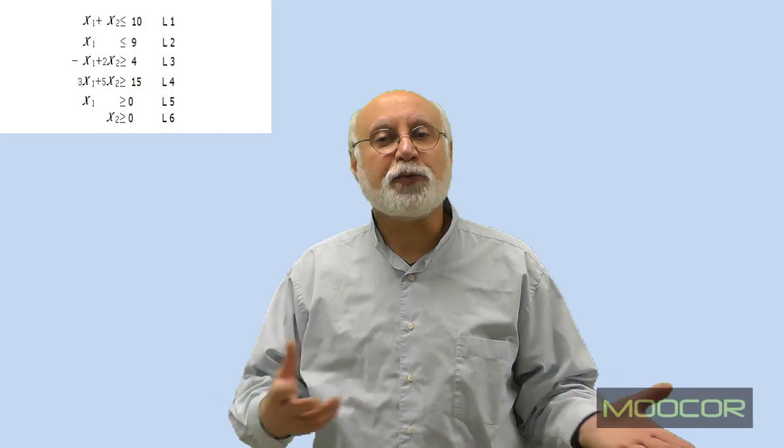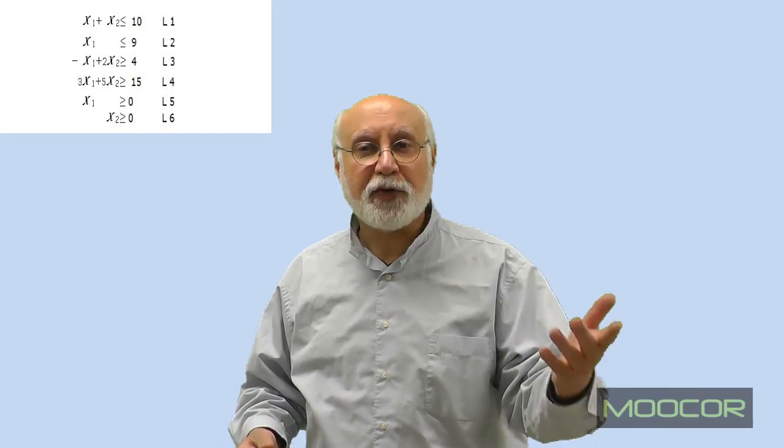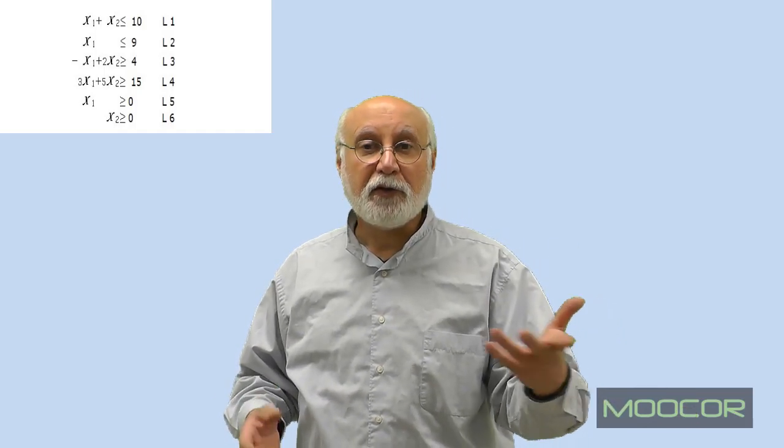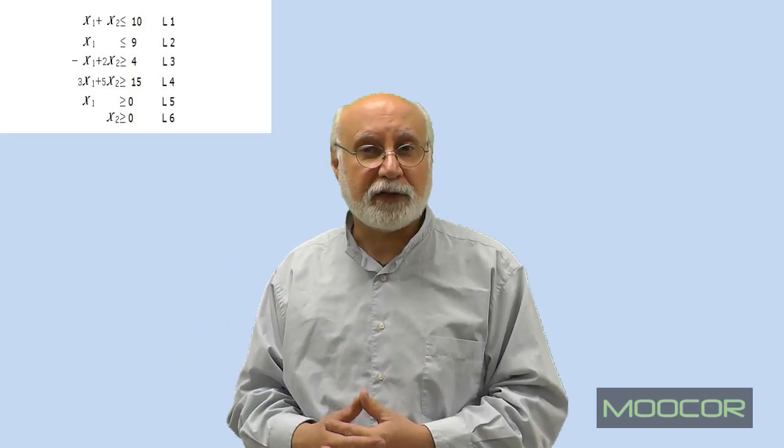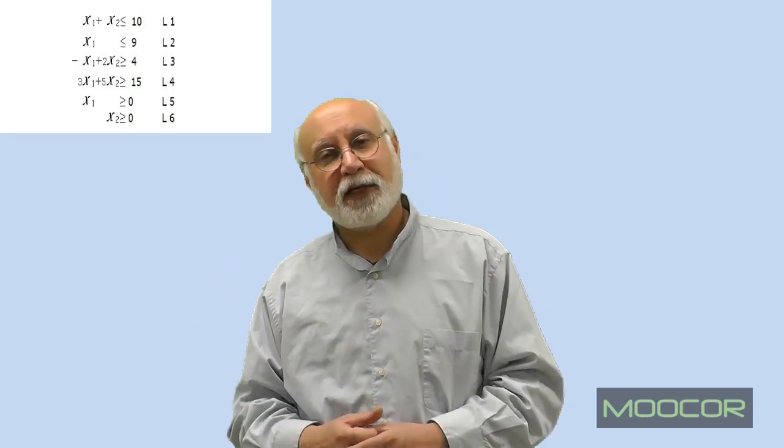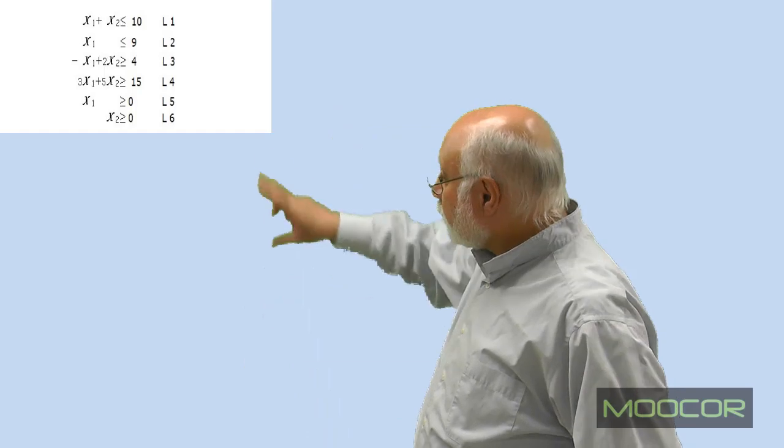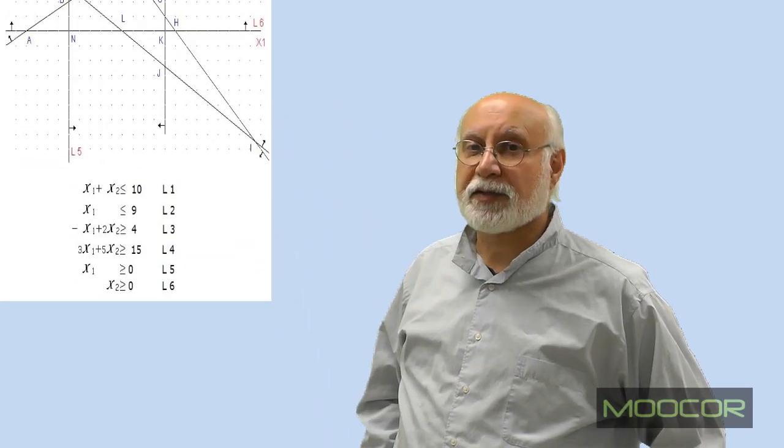In reality, x1 greater than or equal 0 and x2 greater than or equal 0 refers to the first quadrant of the Cartesian coordinates that you have drawn. Let's draw that and see how it looks.